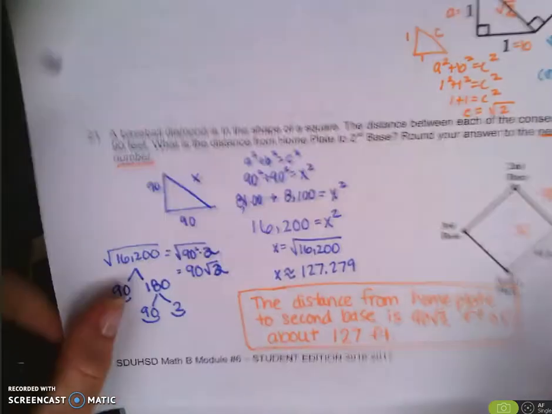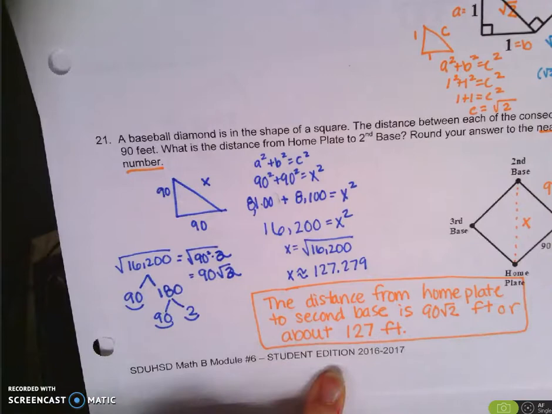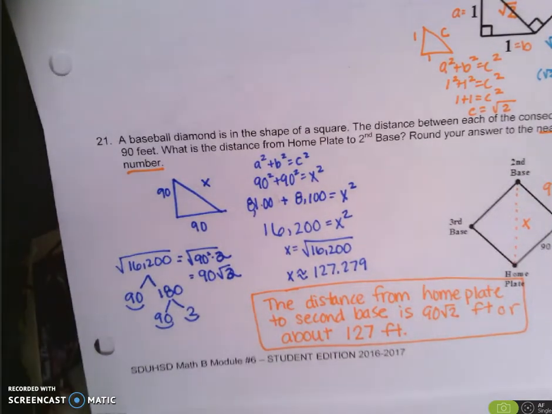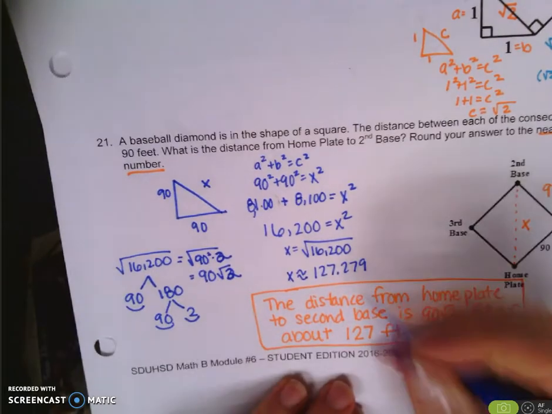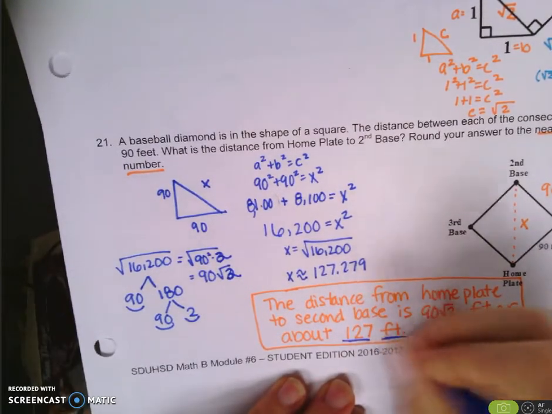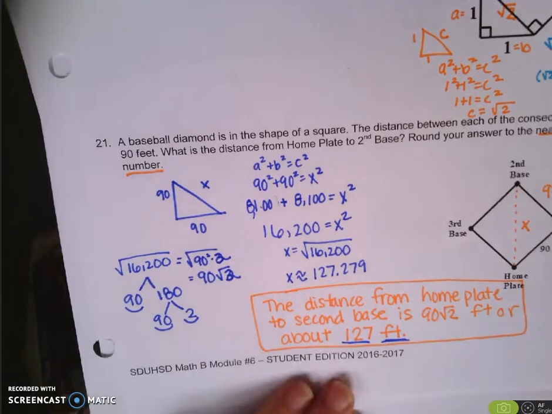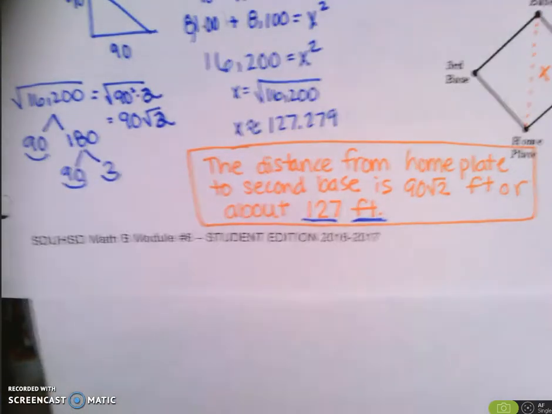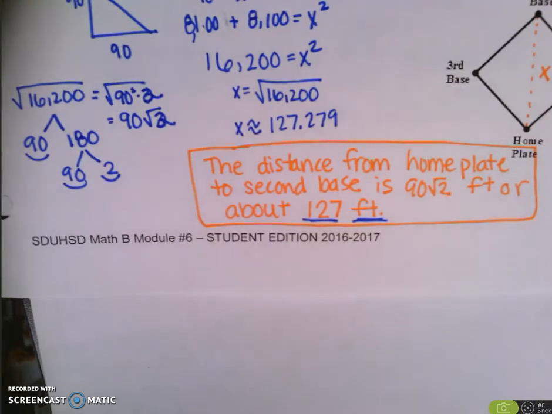Which I know the distance from home plate to second base is 90 radical 2, if I was going to write this in simplest radical form, feet, or about 127 feet. So if you were playing catcher in the baseball game and had to throw someone out at second who's stealing first, you'd throw 127 feet.